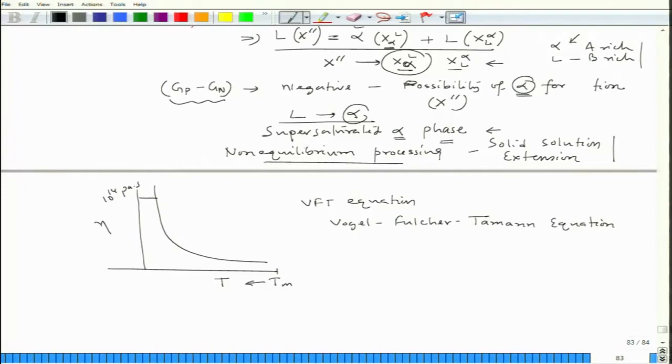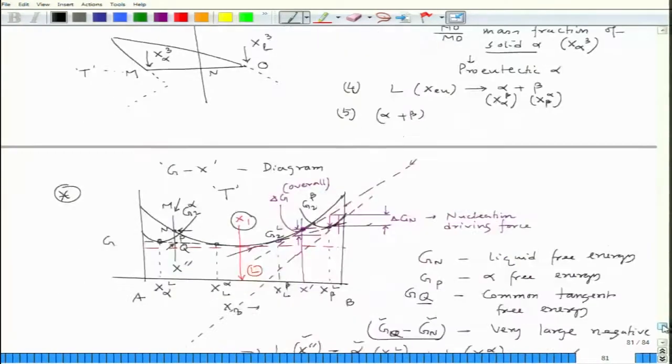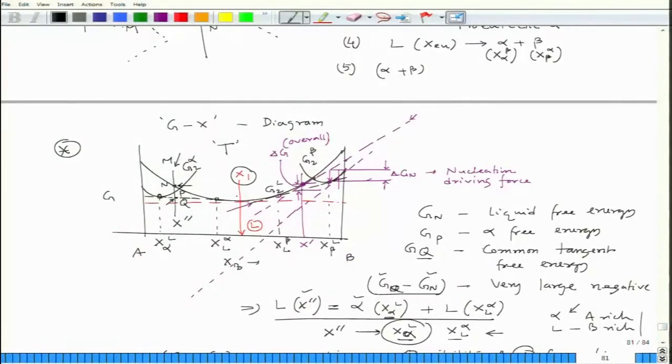So, the liquid remains liquid, because if I cool this particular composition, the liquid all the time remains liquid, because I am not able to get other solids as per the free energy diagrams.